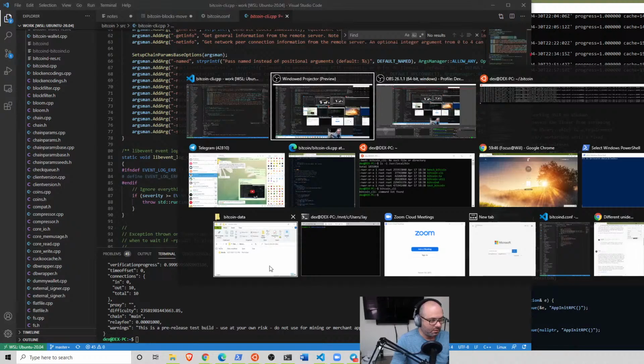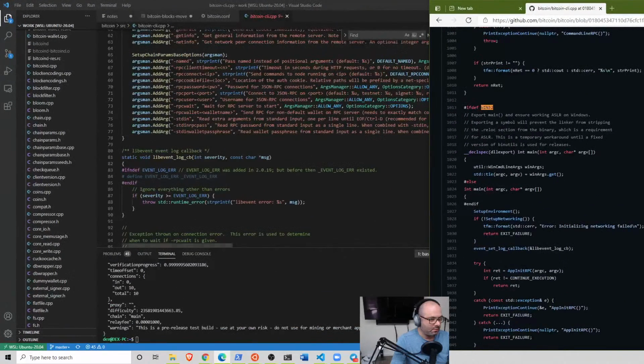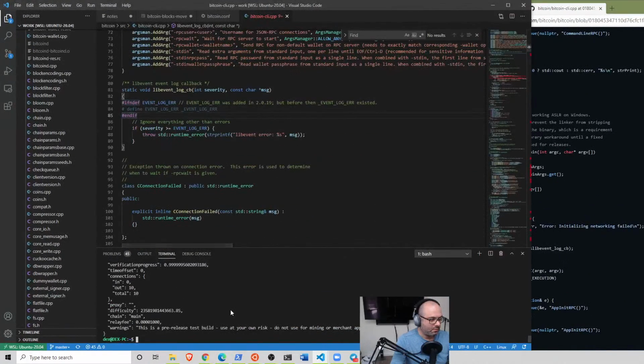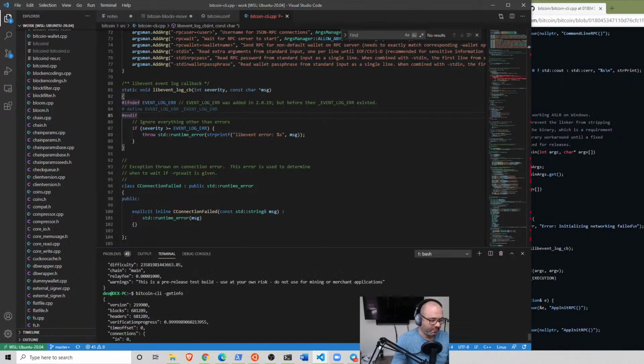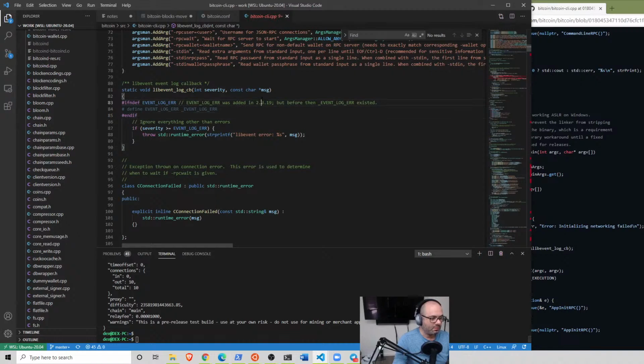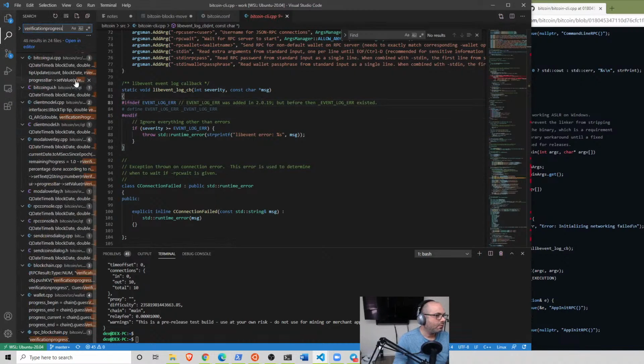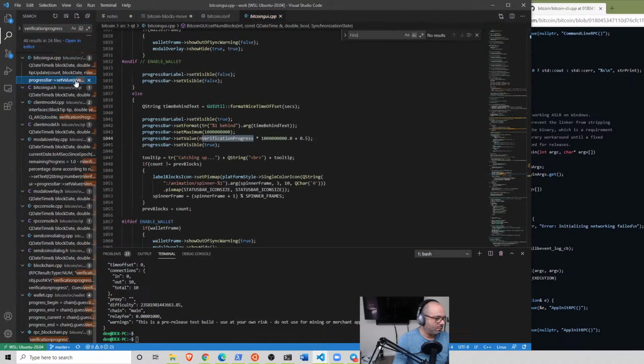Second thing is, what did we just look at? Now this getinfo thing, right? Verification progress. What the hell does that mean? Progress bar, enable wallet.